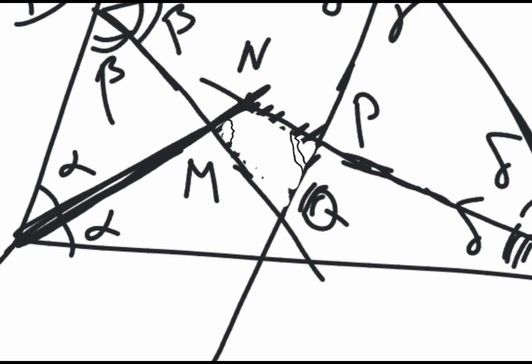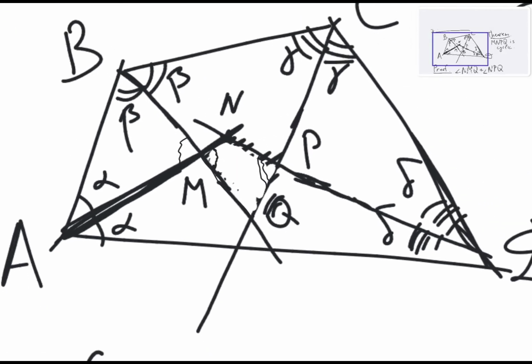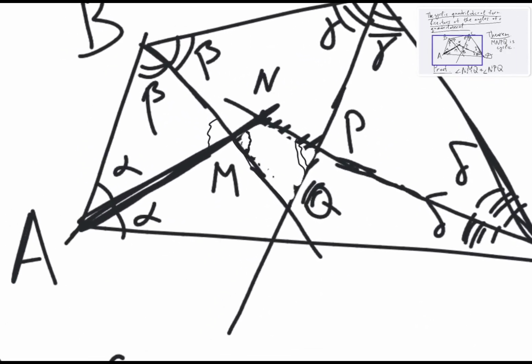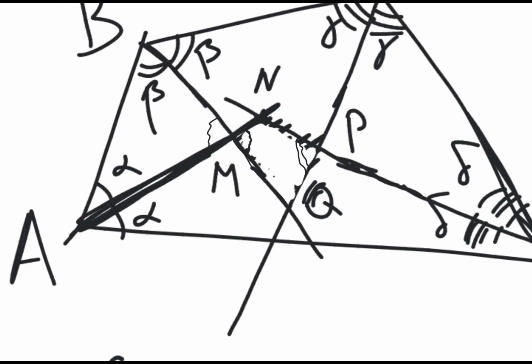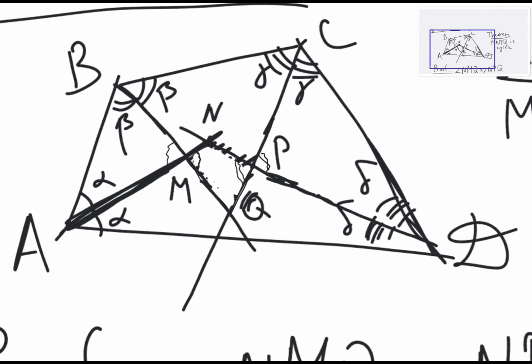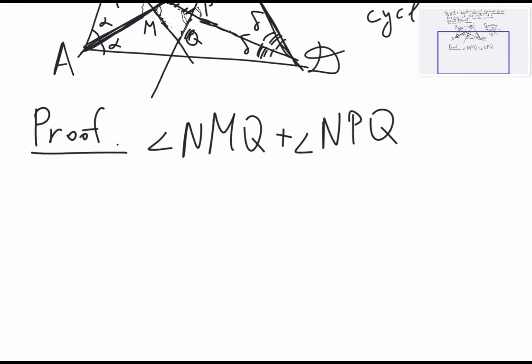The first thing to notice is that this angle NMQ is equal to this angle BMA, because they are formed by two intersecting lines. And this angle NPQ is equal to this angle CPD.